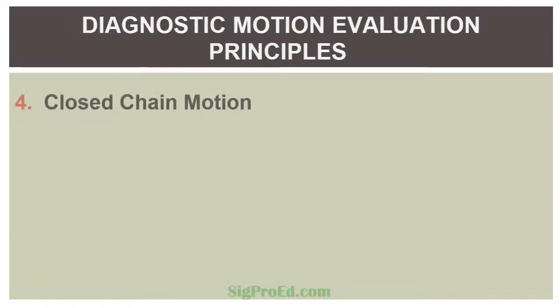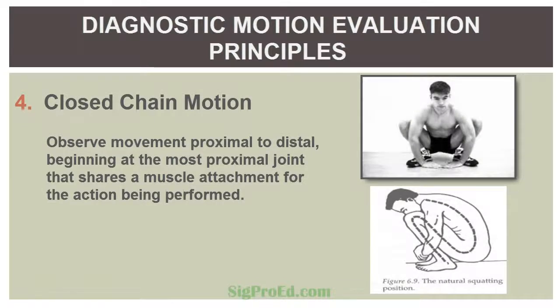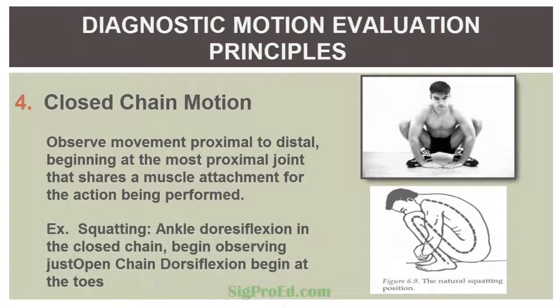For closed chain activity, the motion begins proximal to distal, beginning at the most proximal joint that shares a muscle attachment for the action being performed. And in this individual, if we looked at dorsiflexion again, the most proximal place that a muscle attachment that shares the ankle would be at the knee.